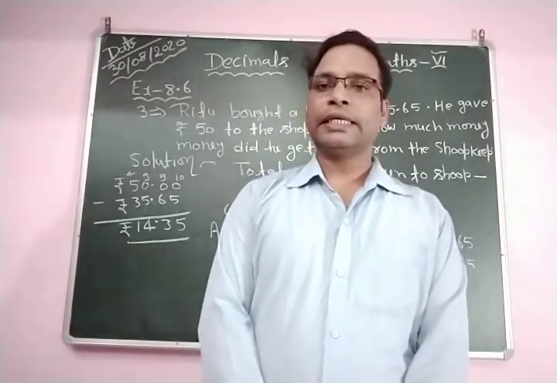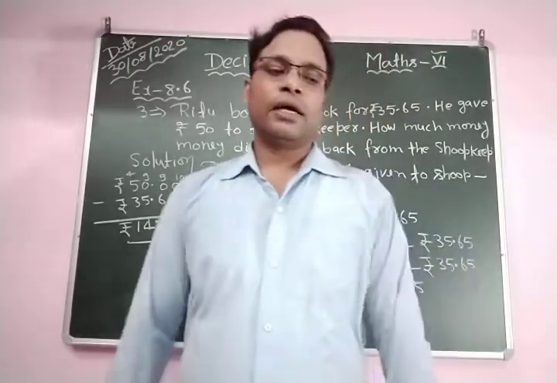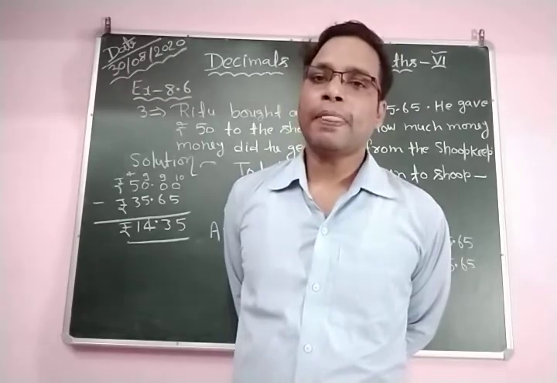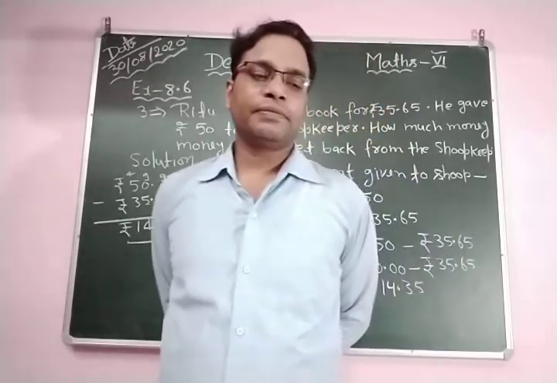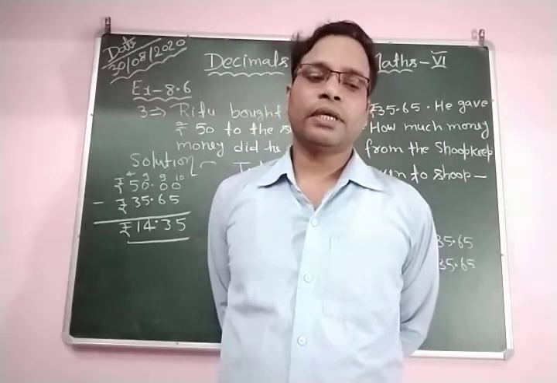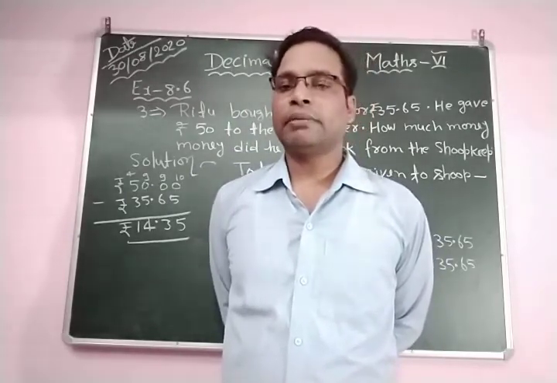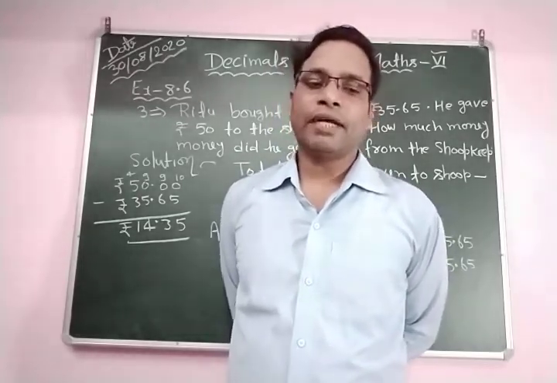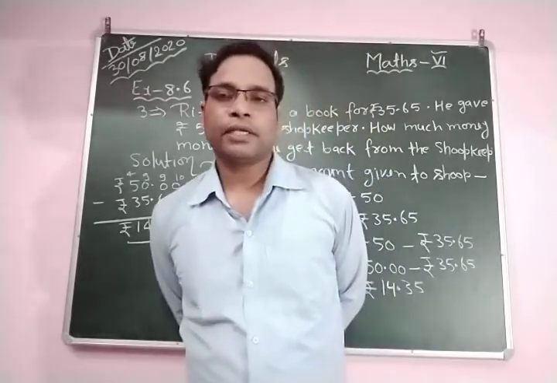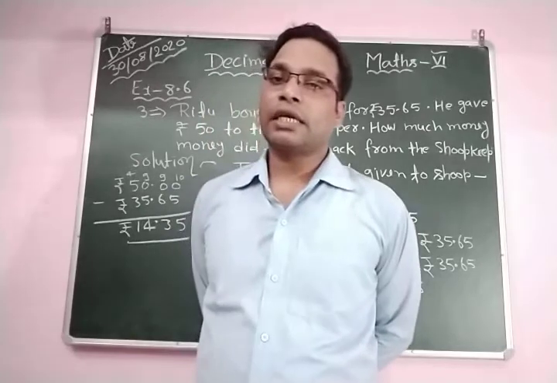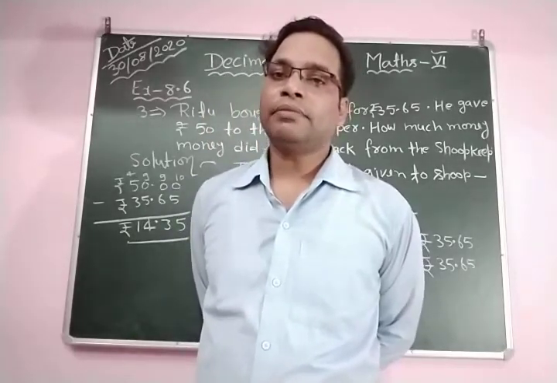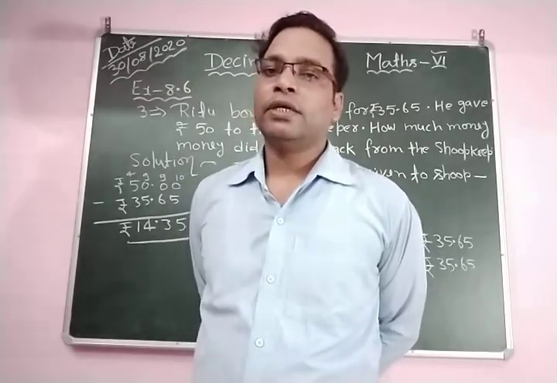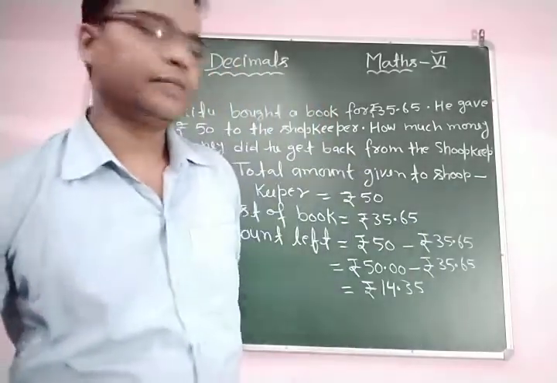So first we find what amount Rani has. Here it is given 18.50 rupees, and after this we find the cost. The cost of the ice cream is 11.75, and now if we subtract the cost of one ice cream from the 18.50 rupees, then we obtain the amount left with Rani. So let's see how to do it.